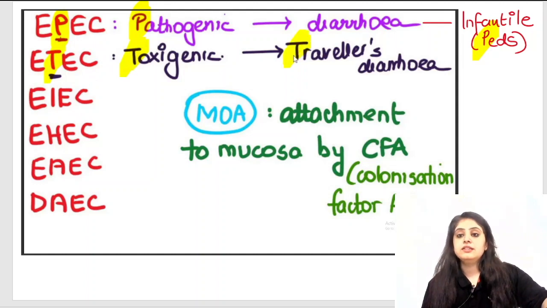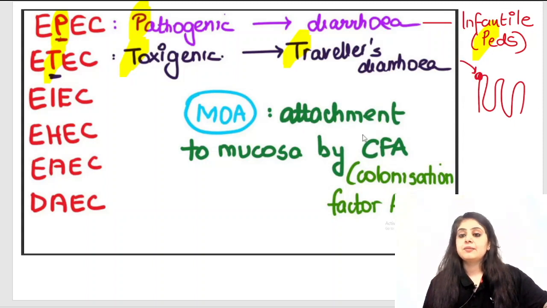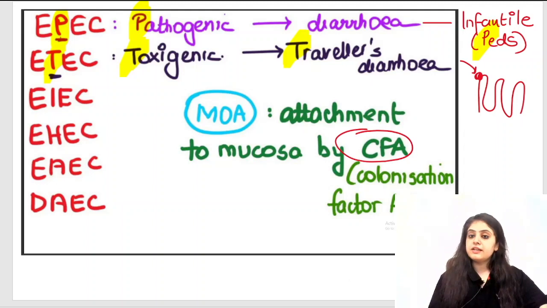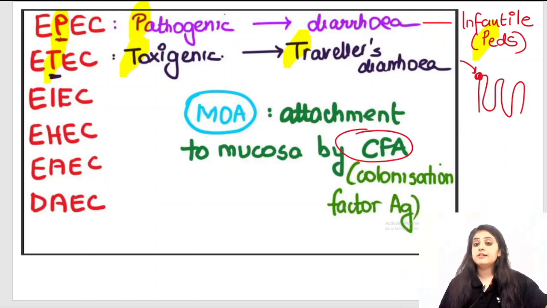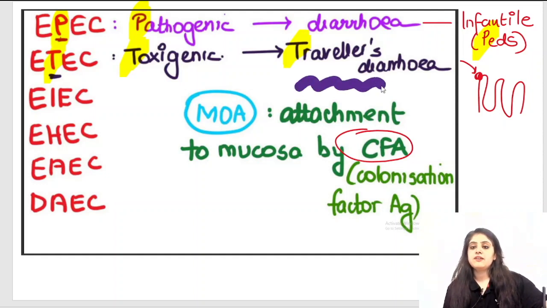Next, enterotoxigenic E. coli, T for T. This causes the traveler's diarrhea. And how is this bacteria going to attach? For example, if this is the intestine, how is the bacteria going to attach onto the intestine? For the attachment, it has something called CFA. What is CFA? CFA means colonization factor antigen. How have I learned that? It's very simple. Whenever you travel, why do you travel?